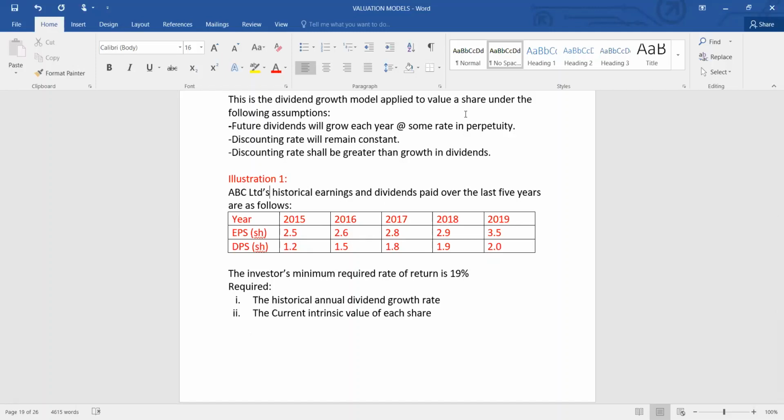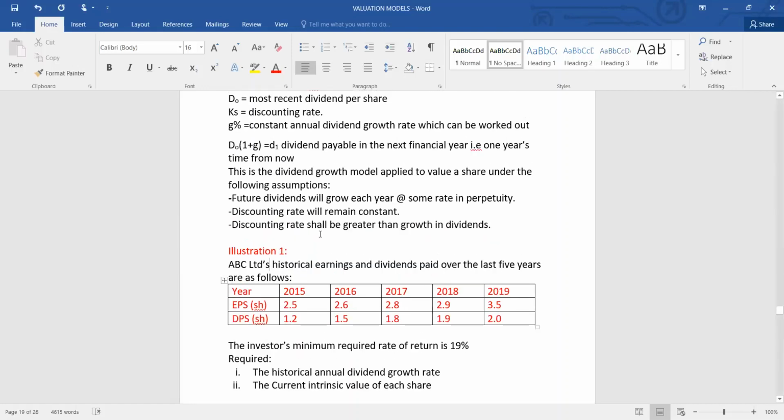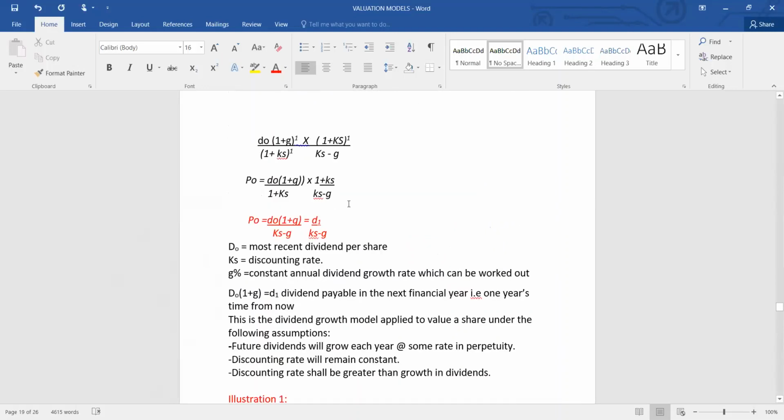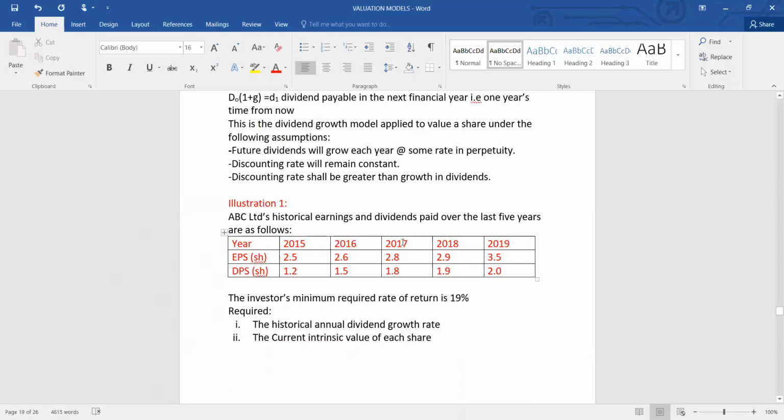Dividend per share seems to be growing. Clearly you can see that the earning per share are going up, and the dividend per share are increasing. When you sense that, then this model is appropriate to value a share in a situation where the earnings and dividends seem to be growing.